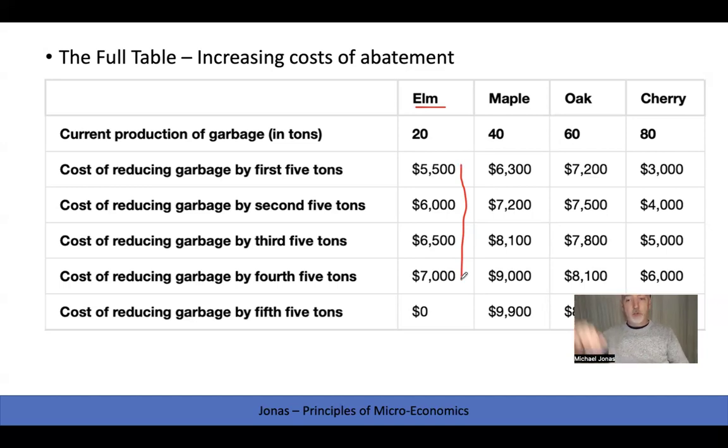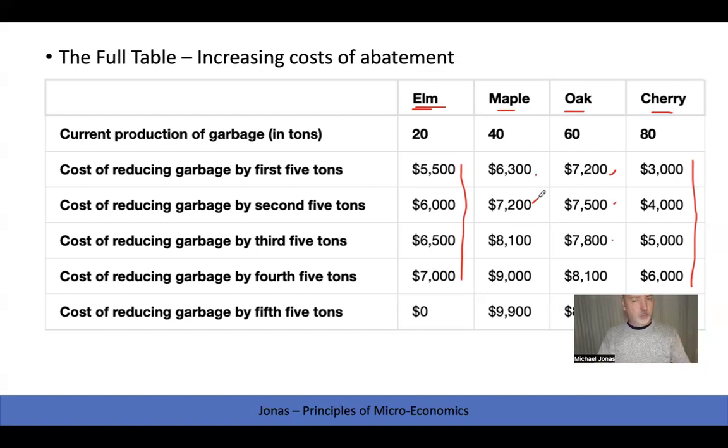So these are all upward sloping cost curves at different levels. And we will note that the firms on the outside, on the left, elm, on the right, cherry, are going to be the low cost pollution cleanup firms. And then in the middle, we see on average higher costs for each unit for our firms, maple and oak.